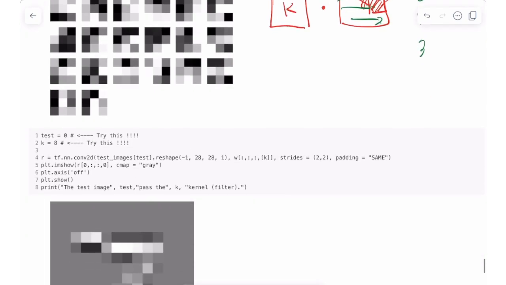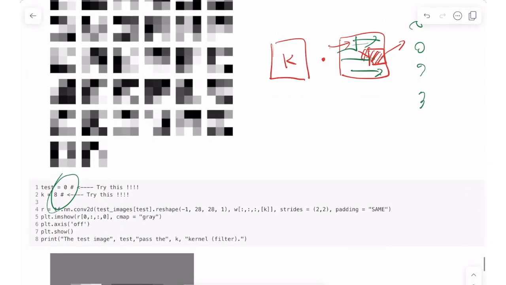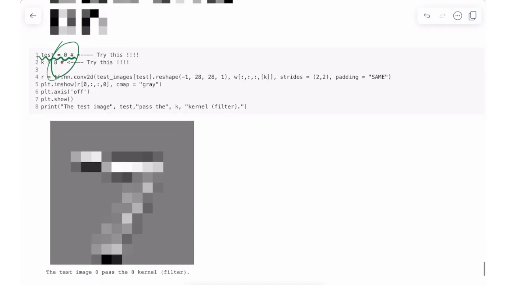You can test it by yourself. If we go through, for example, the first test data, we have 10,000 images in testing, and we have 32 different kernels. You can change the number by yourself.